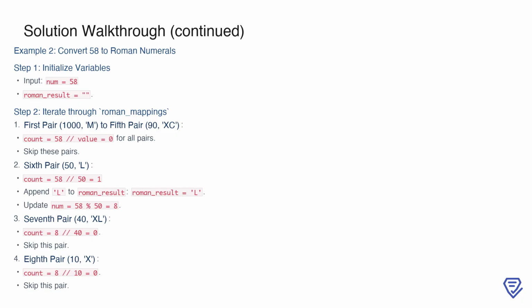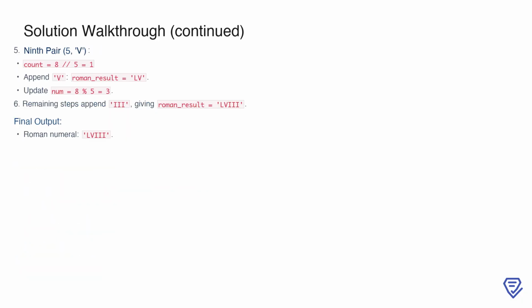For the next pair, 40, XL, dividing 8 by 40 gives a quotient of 0, so we skip this pair as well. Continuing with the conversion of 58, we process the pair 10, X, but find that dividing 8 by 10 yields a quotient of 0, so this pair is skipped. Next, we evaluate the pair 5, V. Dividing 8 by 5 results in a quotient of 1, so we append V to roman_result, making it LV.